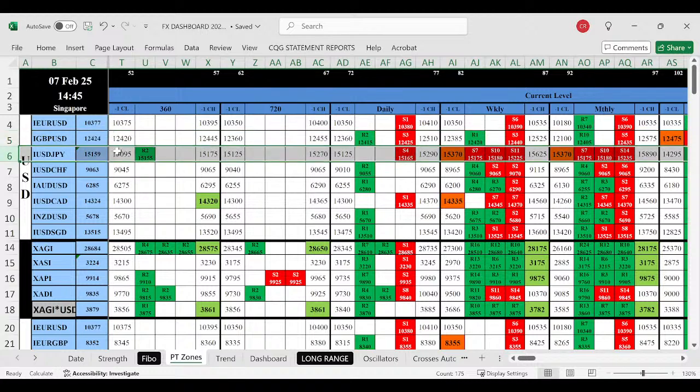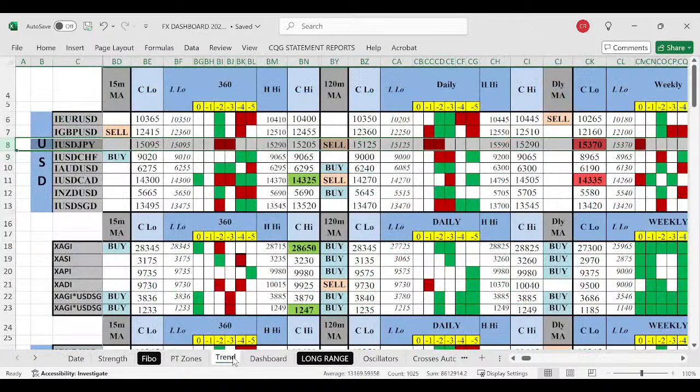Right now the market is trading at 15160. We are seeing strength on the 6 hours, so the market is expected to test 15205, which was your 360 high.